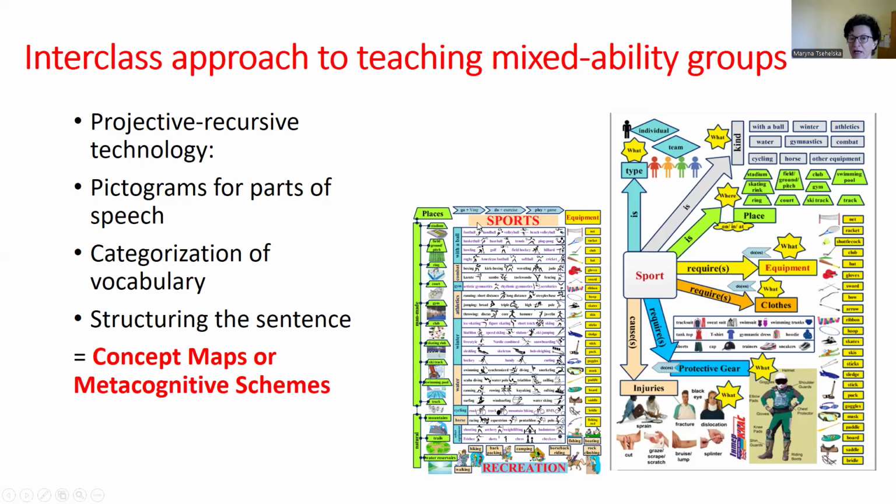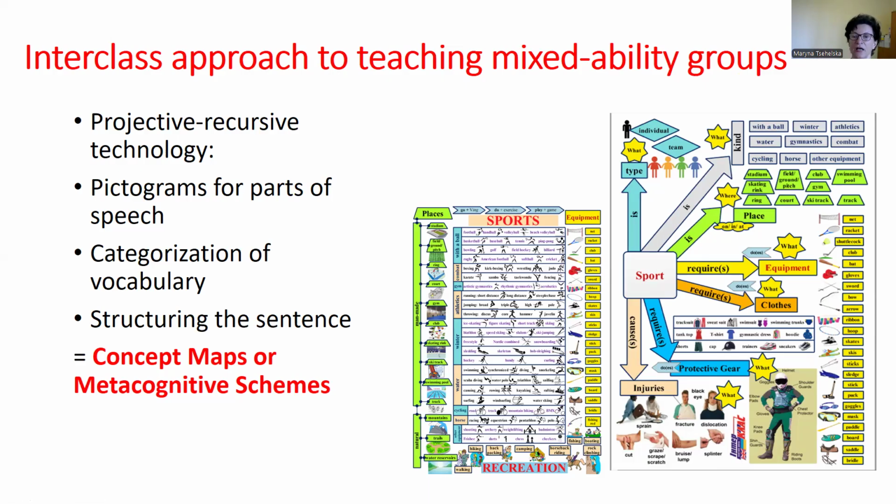This is a topic map. It combines all the words that we want our students to know from the topic of sports. But we also have speaking maps, where we can talk about a sport using this vocabulary and add other categories.